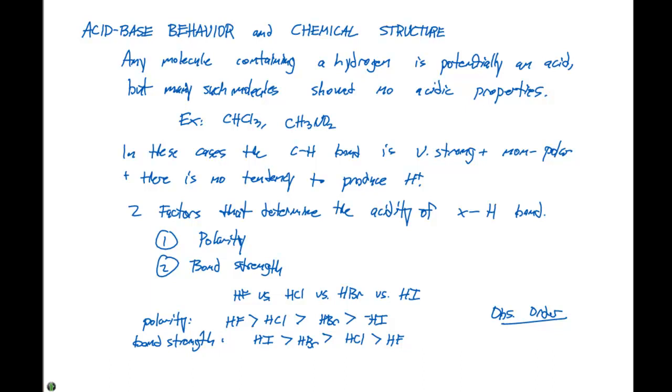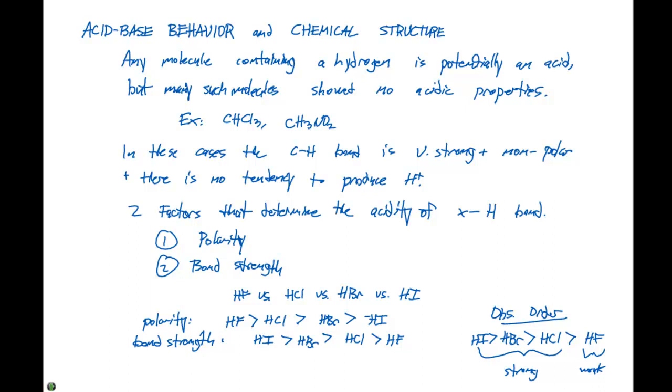So we have HI being greater than HBr, which is greater than HCl, which is greater than HF. And here, notice that these are strong acids, where HF is weak.